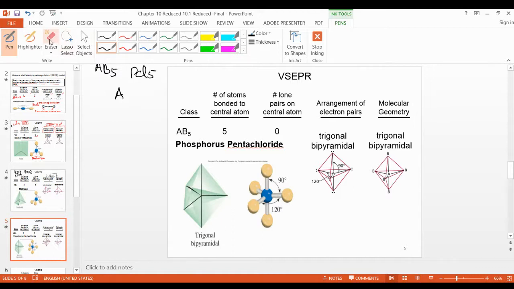First you have to write how many electrons phosphorus and chlorine have. Phosphorus is in group 5, the nitrogen group, so it is 5 electrons. 5 electrons plus 7 multiplied by 5, 35, plus 5, 40. 40 electrons is the total.